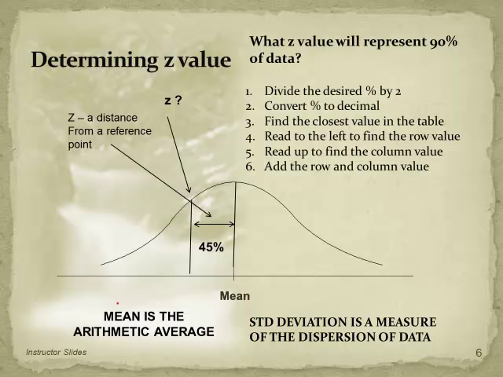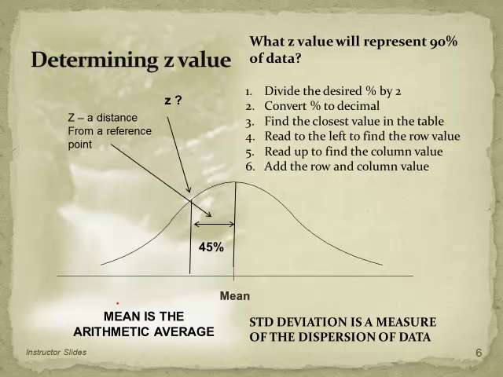Now, you will be asked in a homework problem to determine what the z-value is for a particular percentage of data in the normal distribution curve. So how do you go about determining what z-value would correspond to a percentage of data in the normal distribution curve?